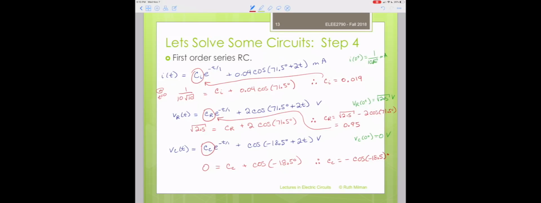Notice the cosine is an even function, so I could have just written that that's equal to the cosine of plus 18.5. And when I evaluate that number, lo and behold, I'm going to have minus 0.95. I put that back in, and I now have equations that give me everything I need to know in terms of solving this circuit.